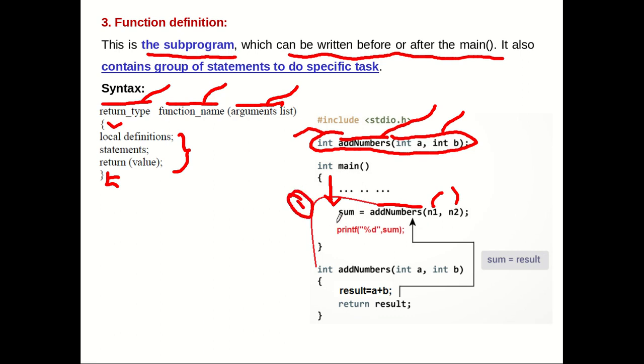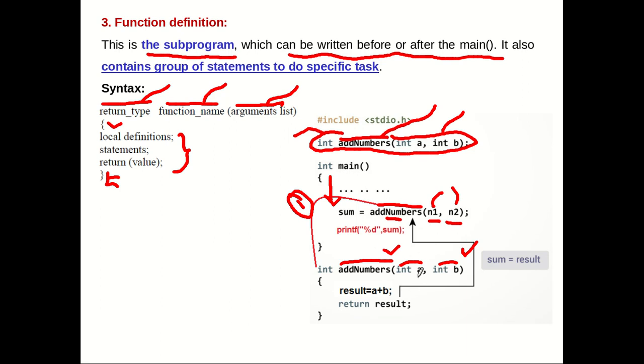Instead of executing this printf statement, in between, whenever this call is encountered, it will jump to the function body. First it will check whether the name of the function is the same as this call, yes, right? And how many parameters are we passing here? Two parameters. How many parameters is this body taking? Two parameters. So a complete match is found.